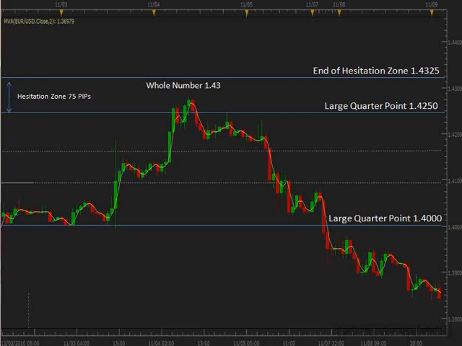Because if a large quarter is successfully completed, obviously prices would go from one large quarter point to the targeted large quarter point. If the large quarter is not successfully completed, then we get to see a reversal that takes prices back to the preceding large quarter point. And so the Quarters Theory basically puts these price fluctuations in a systematic order, if you will.